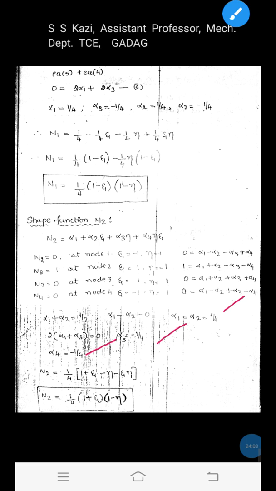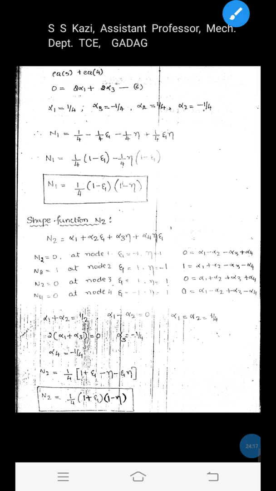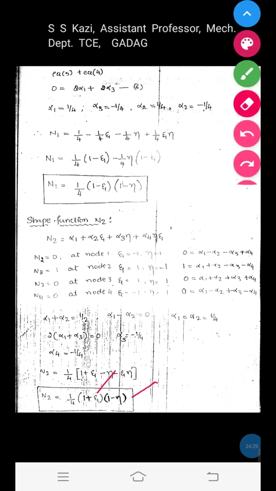Then we will get 1 by 4 into bracket 1 plus zeta, because alpha 1 and alpha 2 are plus, and minus eta minus zeta eta, because alpha 3 and alpha 4 are minus. Then you will get N2 is equal to 1 by 4 into bracket 1 plus zeta into 1 minus eta. This is also the shape function we got in the first method.